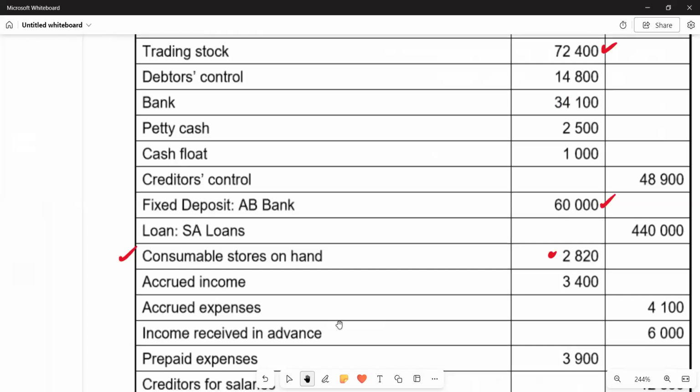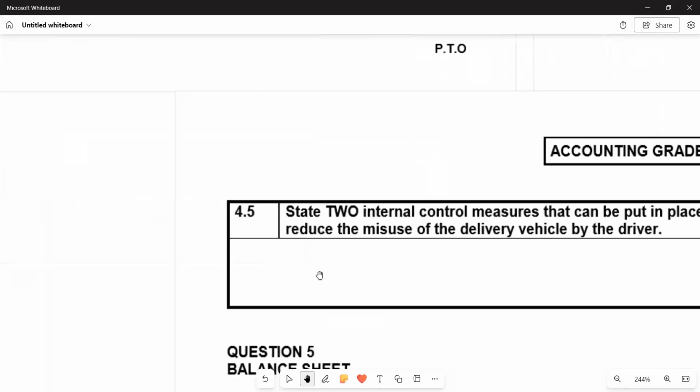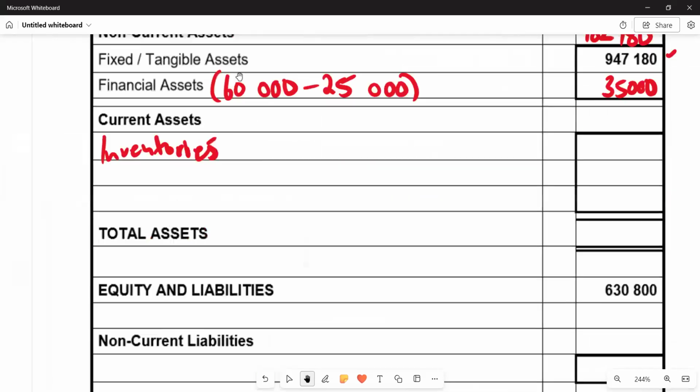So we go to the answer section. For inventories, we are saying 72,400. Then you add your 2,820.